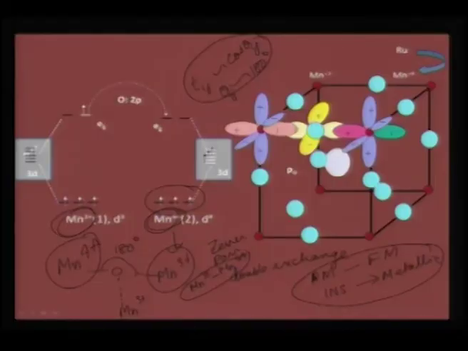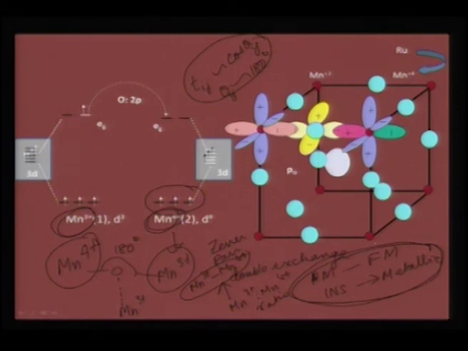Now as I told you, Mn3 plus to Mn4 plus is more sensitive, therefore if I try to alter this Mn3 plus to Mn4 plus ratio, then this double exchange or this strange occurrence of paramagnetic to ferromagnetic transition will be disturbed or it will be killed.